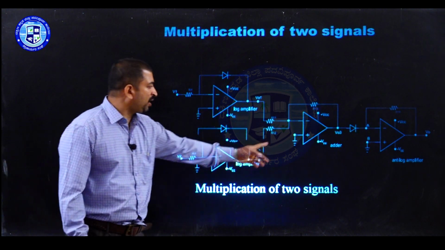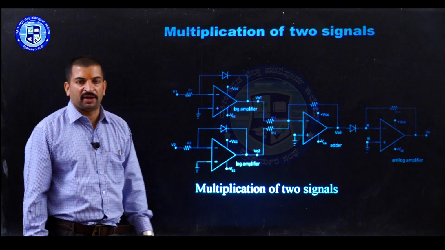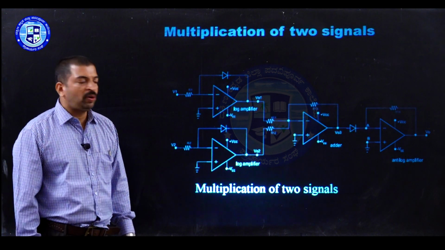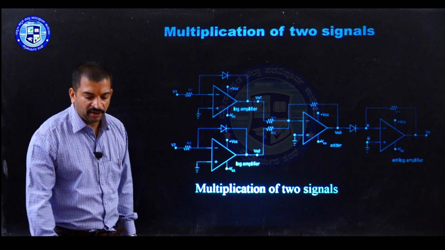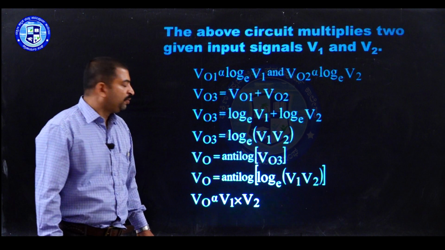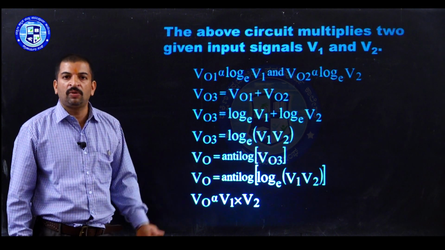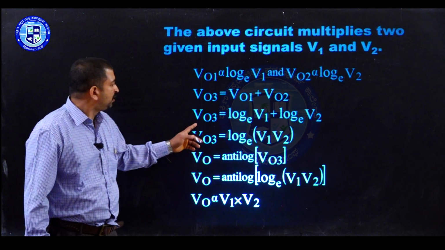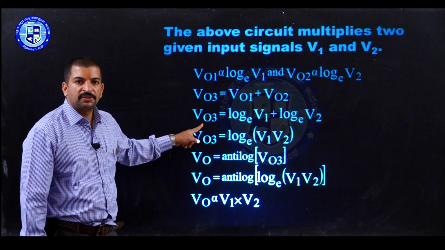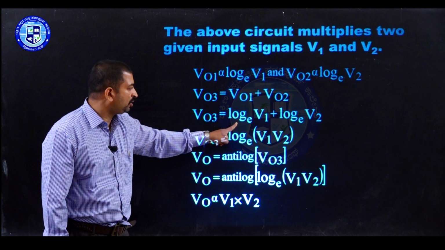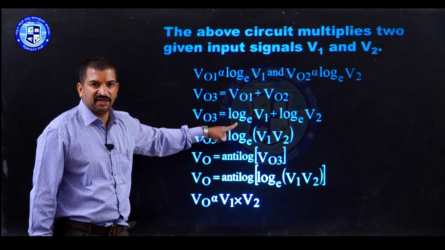Now we are using an op-amp summing amplifier. The output voltage of op-amp summing amplifier is given by the formula VO3 equal to VO1 plus VO2, since the output voltage of the summing amplifier is equal to the sum of the input voltages.